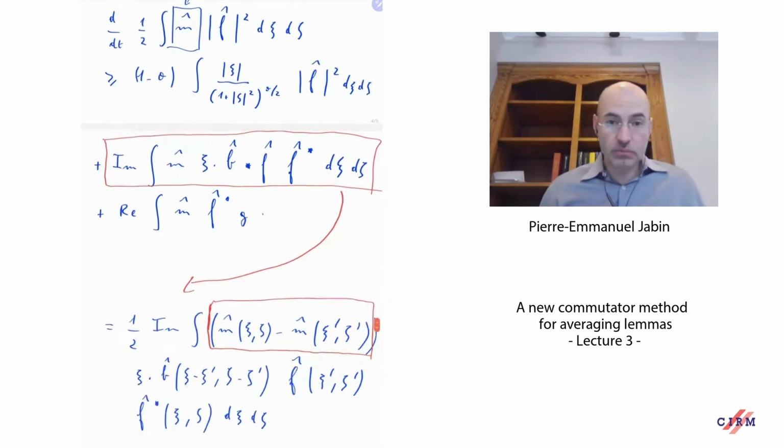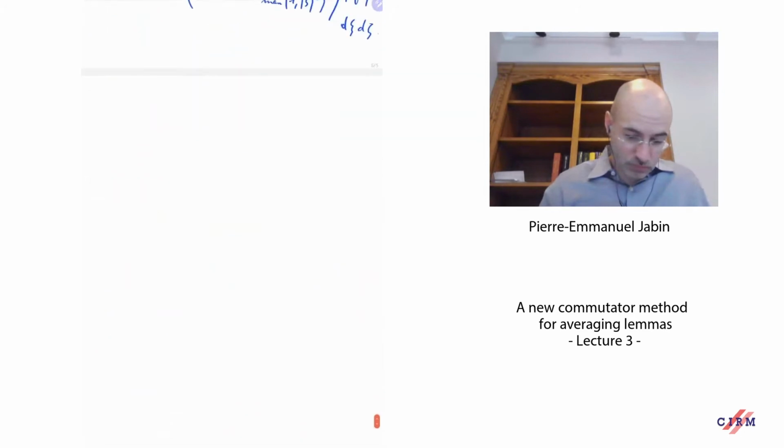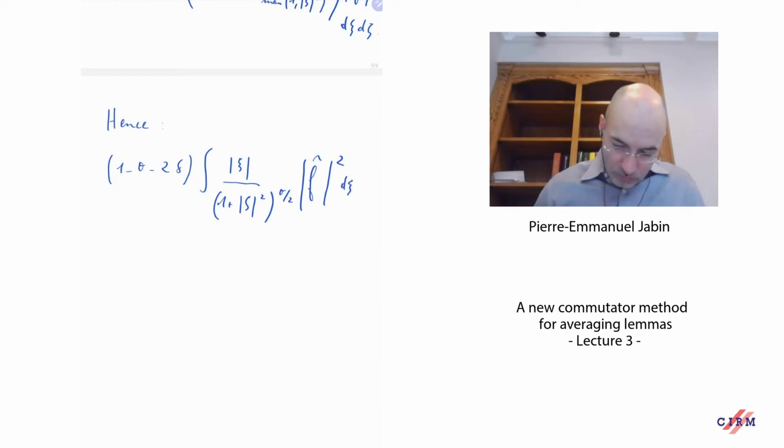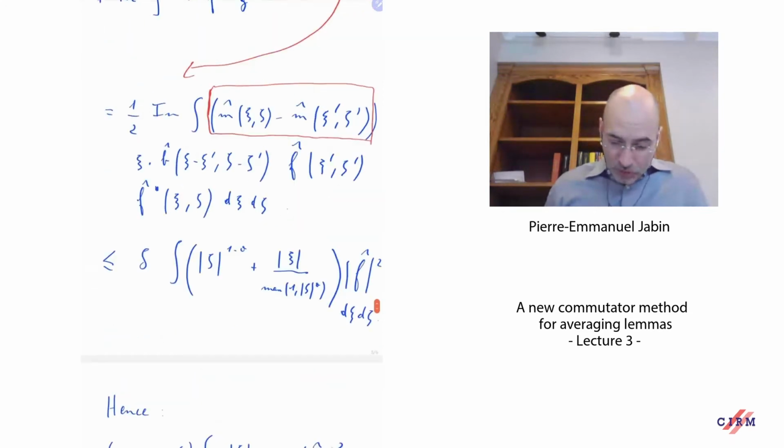And that gives you a first estimate, which has the following form. So this term comes from the commutator with V minus that part here.